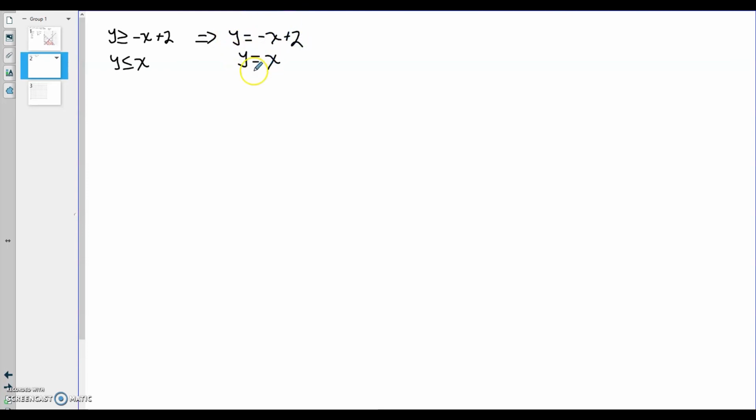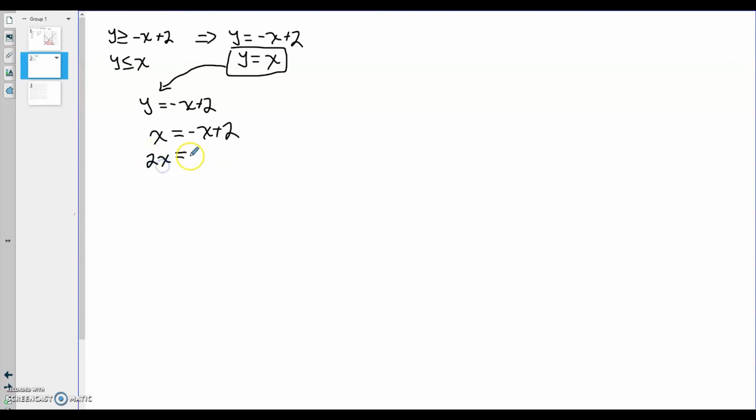Now it's fairly easy to see that we were able to do a substitution because we've got y equal to x. We can simply plug that x into this equation. So we take our y equal to negative x plus 2. Then we take this equation, y equal to x, and that allows us to substitute in here an x in place of the y. So we can say x is equal to negative x plus 2. Now we need to solve for x using our algebra.